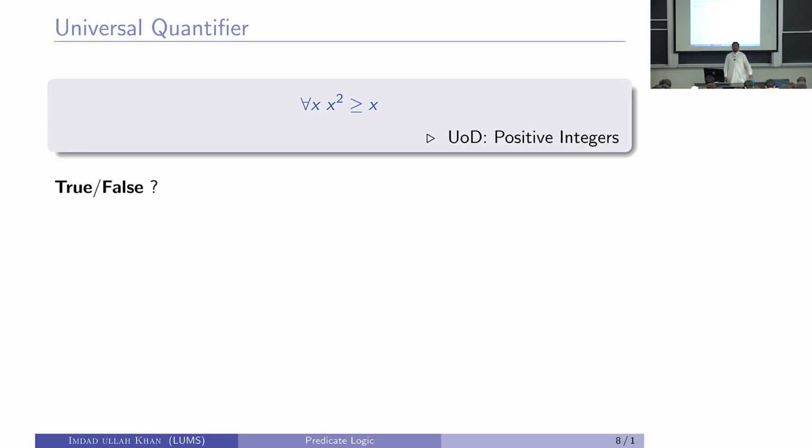Why not? Because 1 is one counterexample: 1 squared is not greater than 1. But with greater than or equal, it is true for this universe of discourse and this quantification. You can start from 1 and go all the way up to infinity and check that this is going to be the case.